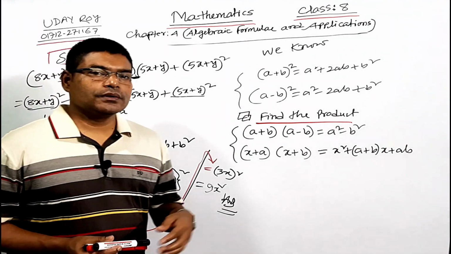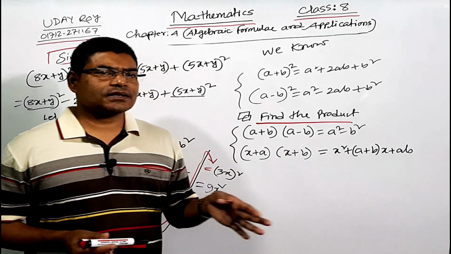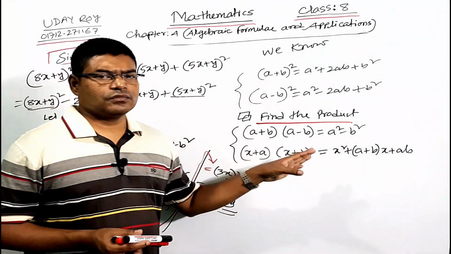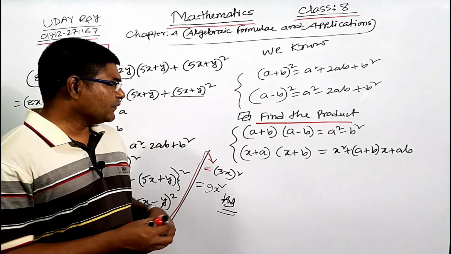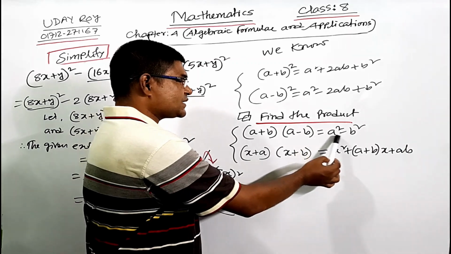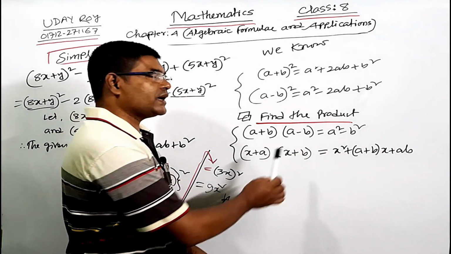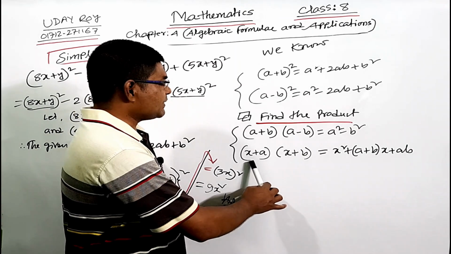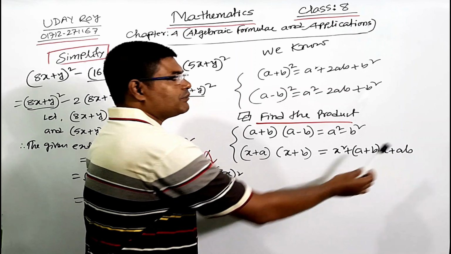Now we will do the multiplication using formula. In multiplication there are lots of rules. We will remember only 2 rules. Here is (a + b)(a − b) = a² − b², and another is (x + a)(x + b) = x² + (a + b)x + ab.